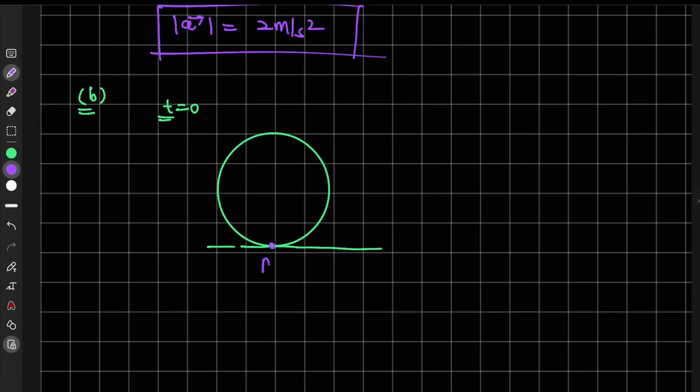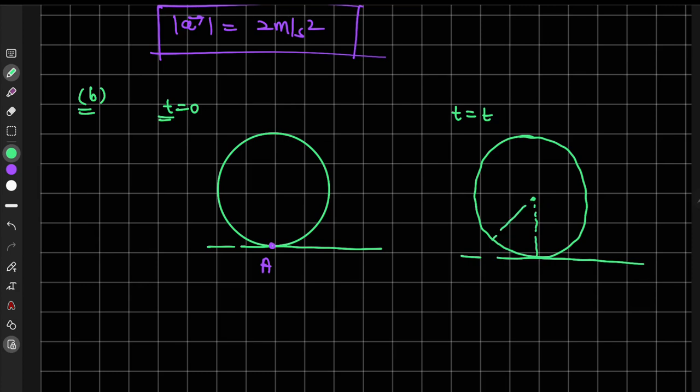Let us say this is point A, and at the time instant t, the wheel has moved by a certain angle, let us say theta. So the wheel has moved by the angle theta and it has reached this particular point.